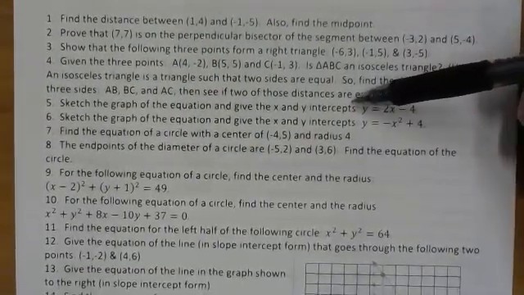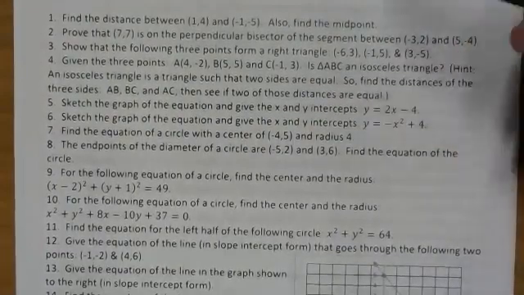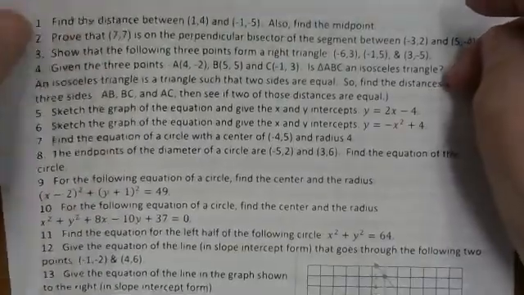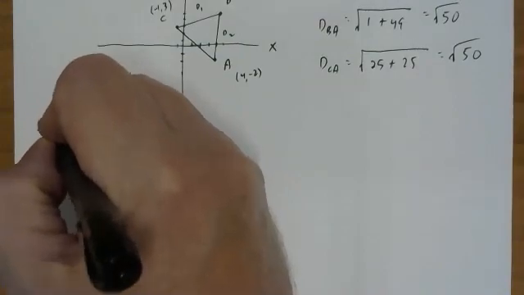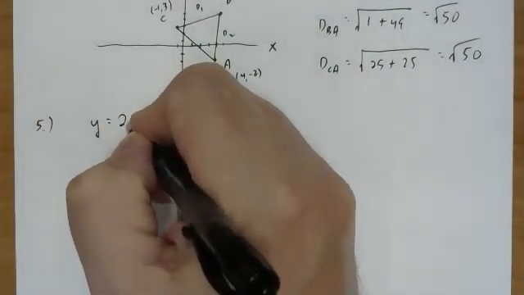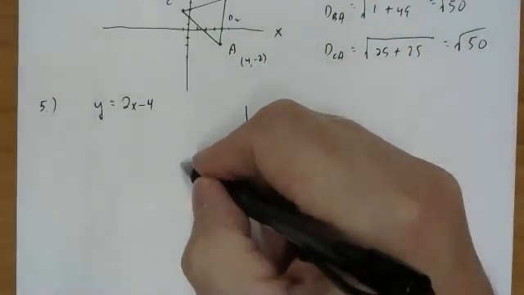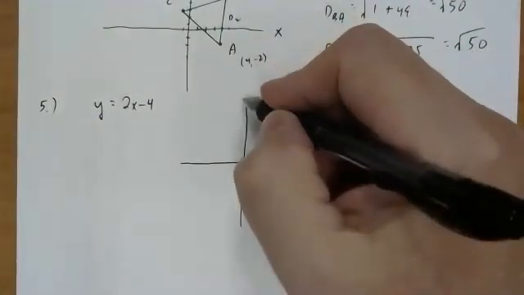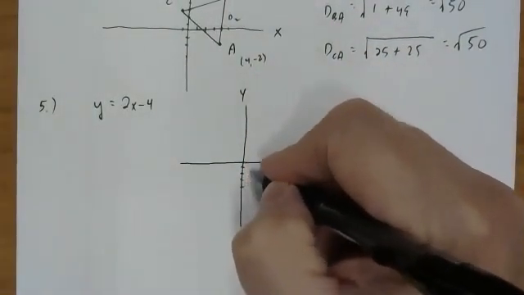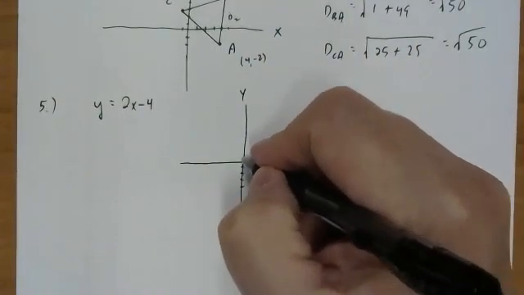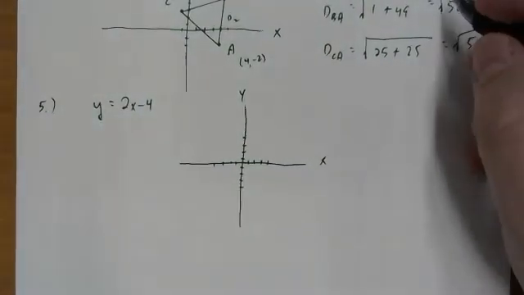A couple intercepts problems. Sketch the graph of the equation and give the x and y intercepts. y equals 2x minus 4. This is number 5. Now I can graph this knowing this is a straight line, using our shortcuts on how to graph linear equations.